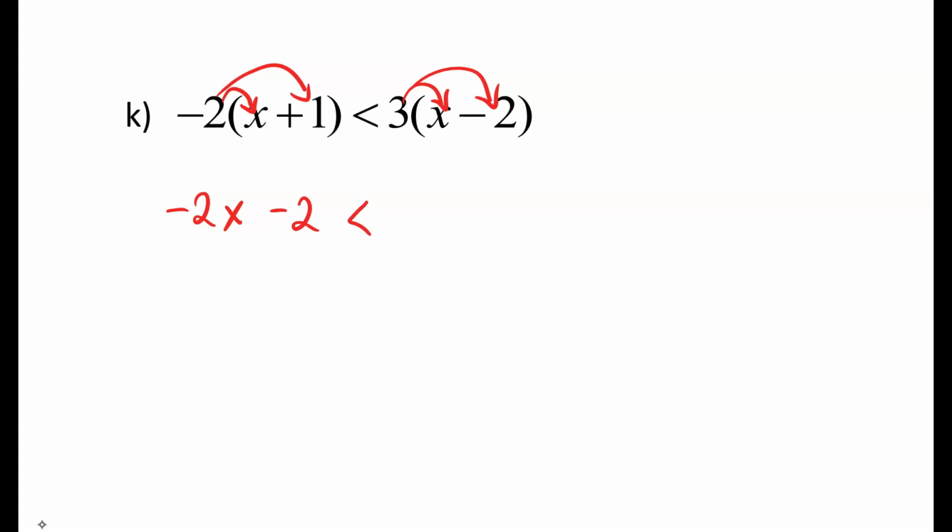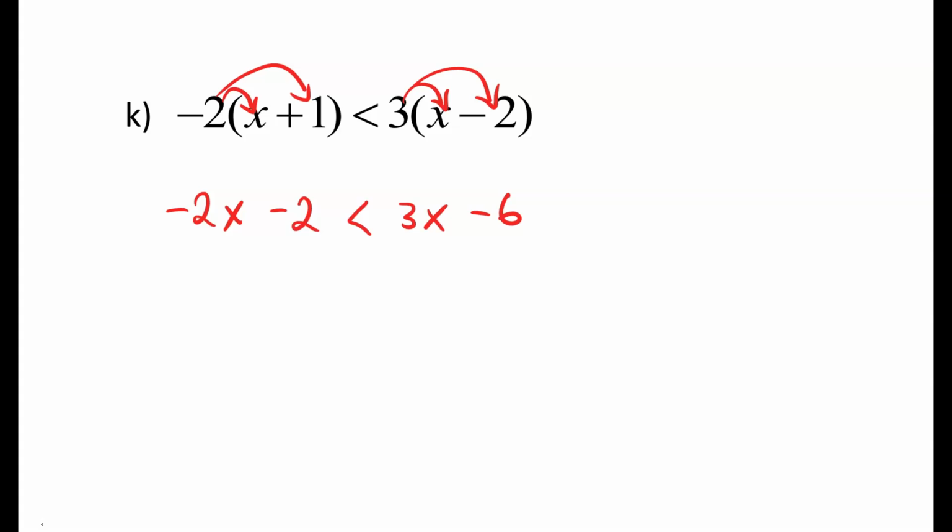Symbol stays the same. Then we have 3 multiplied by x, which is 3x, and 3 multiplied by -2, which is -6. So now we've distributed the numbers through the bracket.